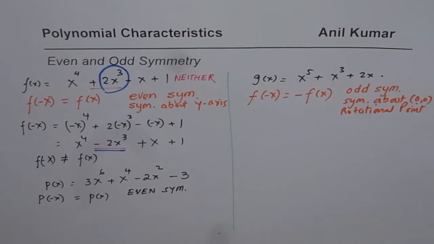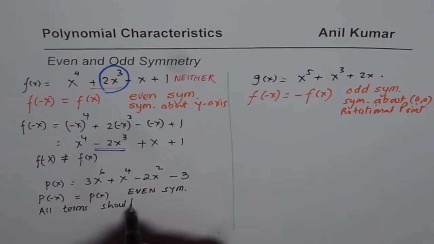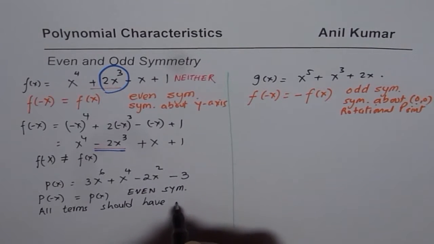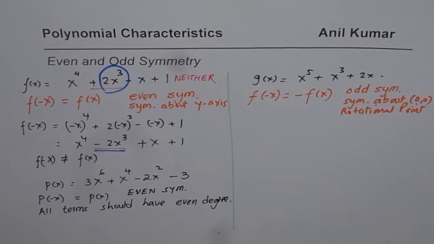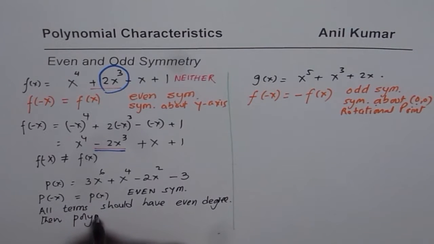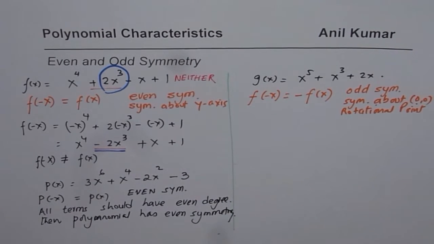The reason is that all terms should have even degree. Then the polynomial has even symmetry. Otherwise not. Okay.